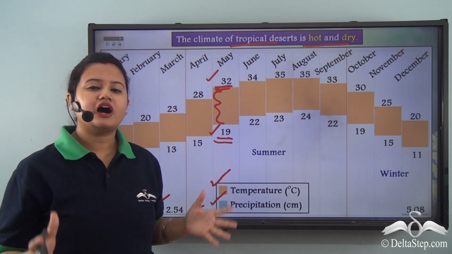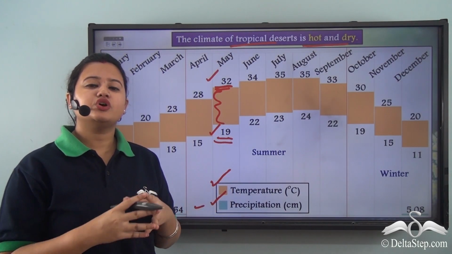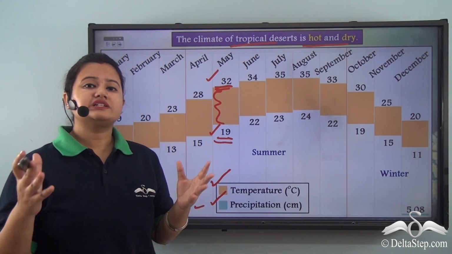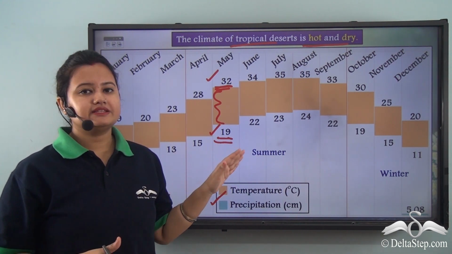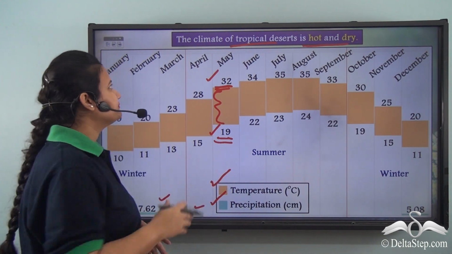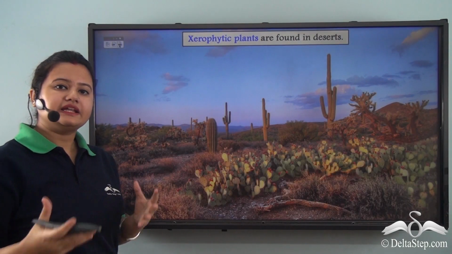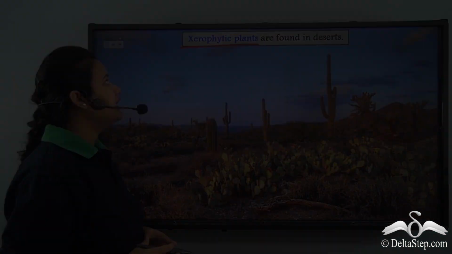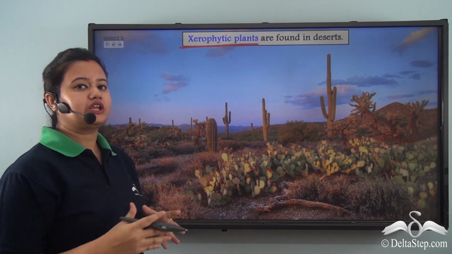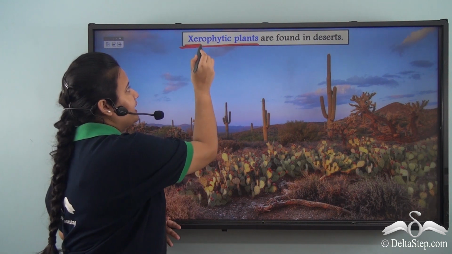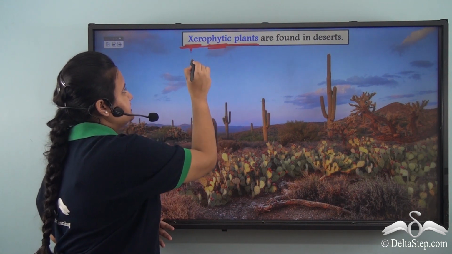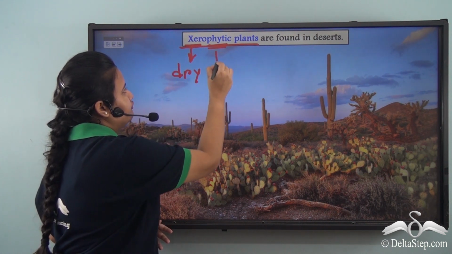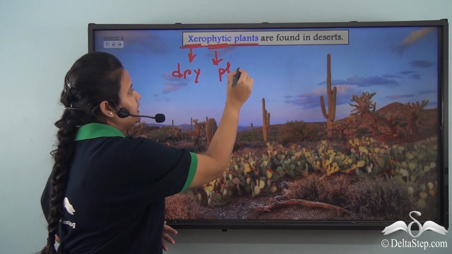Now, this type of harsh climatic conditions do not favor growth of many trees. Only special type of plants grow in these deserts. Let us know about them. Well, in deserts, only xerophytic plants are found. Now, the word xerophyte can be broken into two parts, xero and phyte, where xero means dry and phyte means plant.